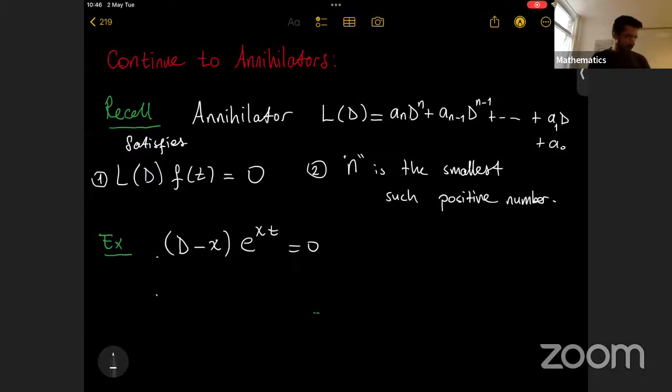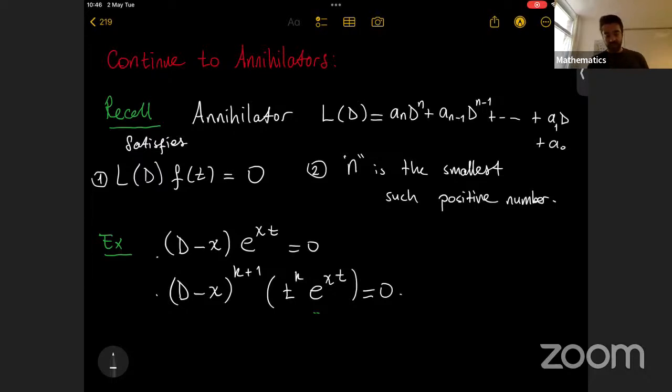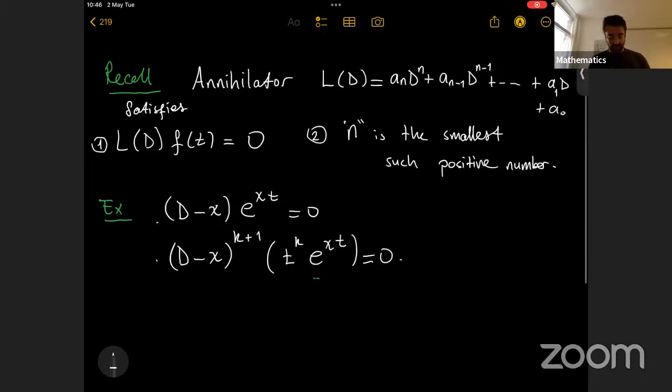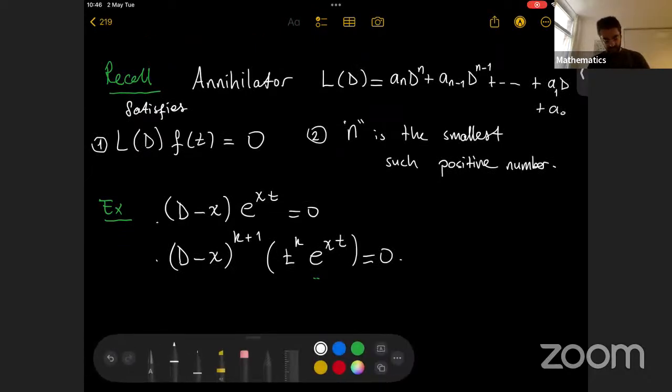Another one, (D minus lambda)^(k+1) times t^k e^(lambda t) is also 0, and here k is the smallest. Again, this tells you (D minus lambda)^(k+1) is the annihilator of the function t^k times e^(lambda t). We did all this last time.